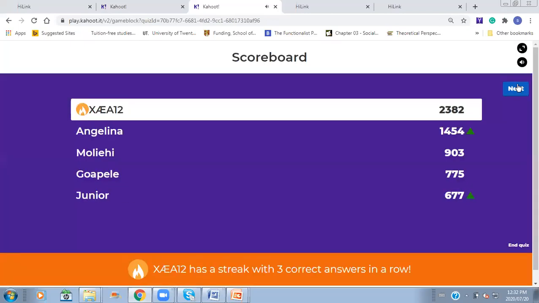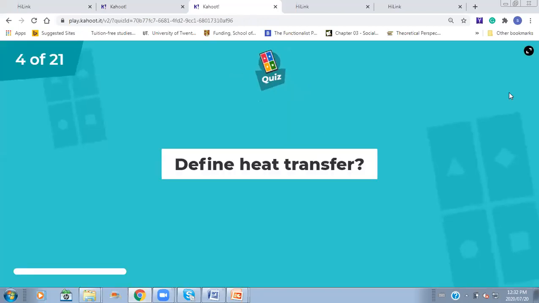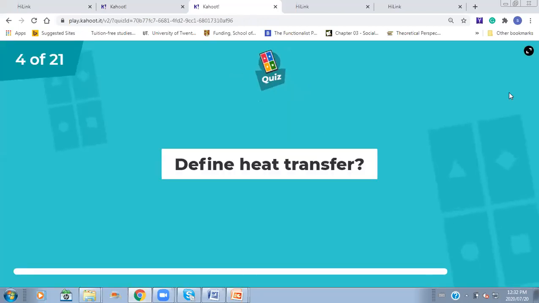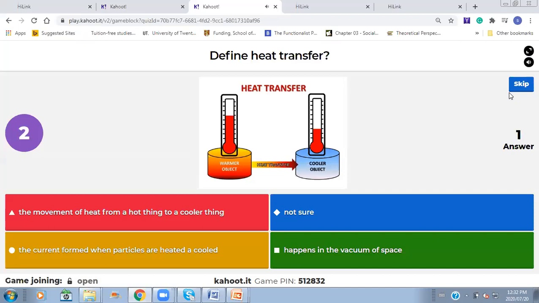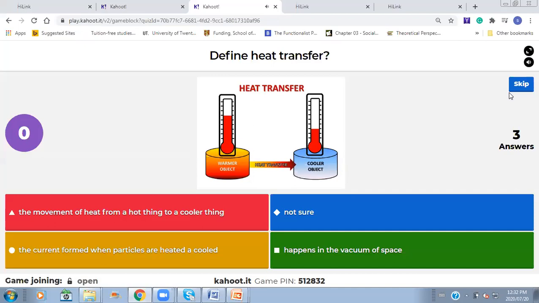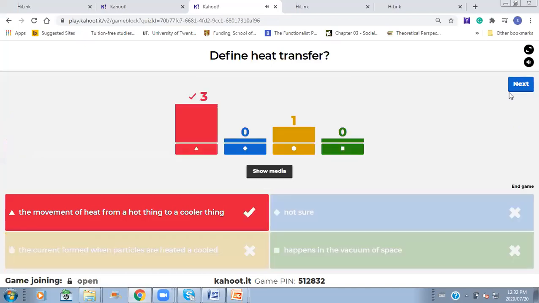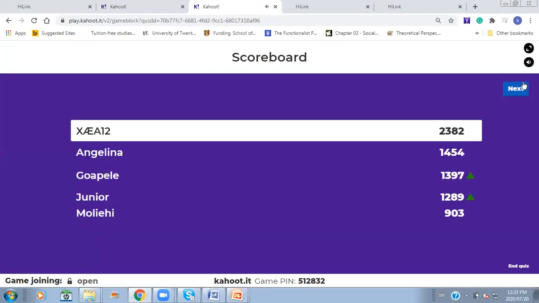All right. So let's go to the next. I hope you are looking at the scoreboard. That's great. The movement of heat from a hot tin to a cooler tin. That's nice. So let's see.